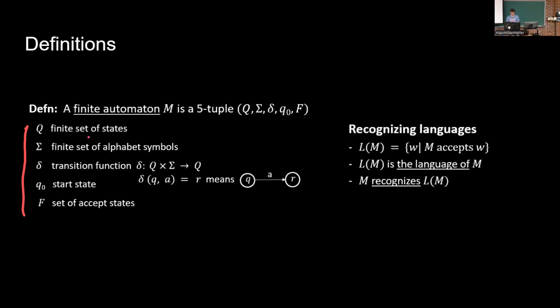Basically, these have a set of states, an alphabet, a function that given a state and the letter currently on the state will give you a new state, a starting state and accept states.